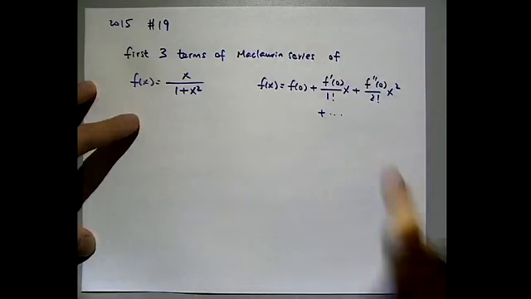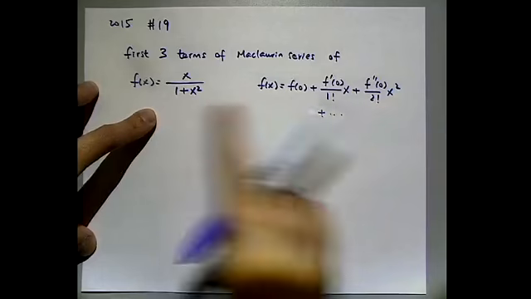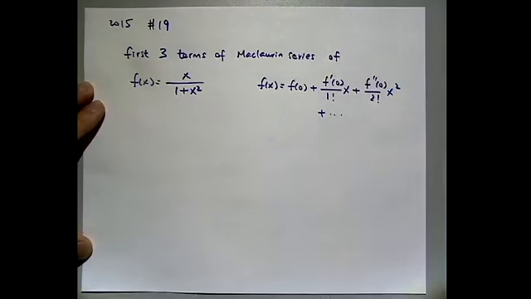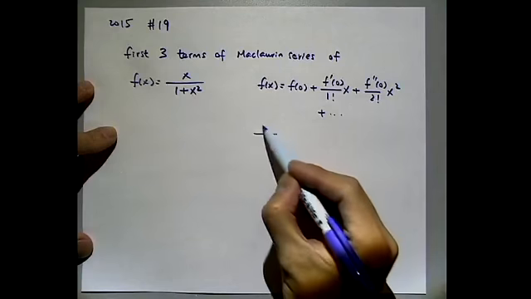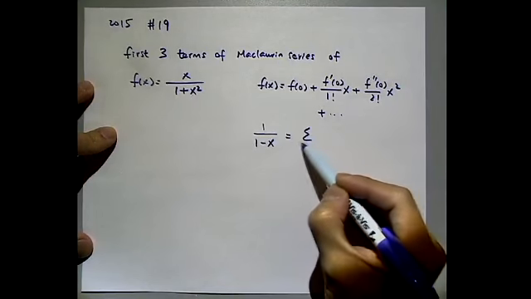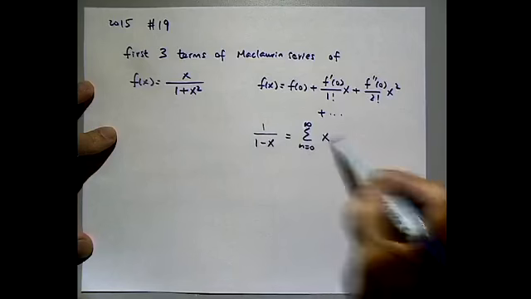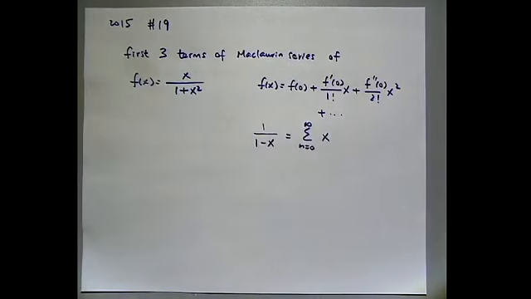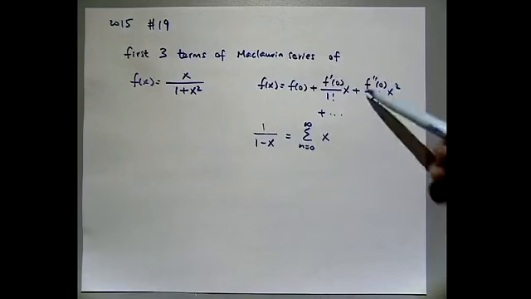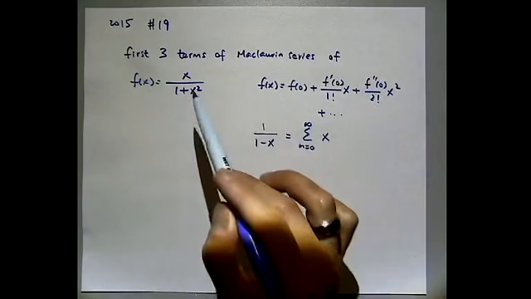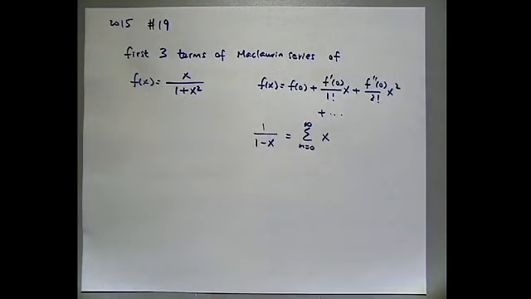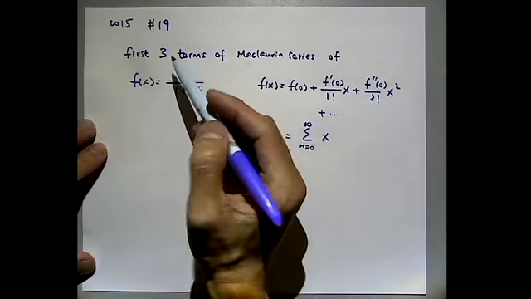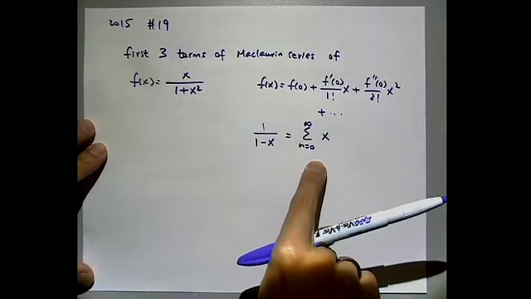Now you've got to make a decision whether you want to differentiate this enough times to form the Maclaurin series, or use an existing Maclaurin series to come up with a new series. For this one, you just want the first 3, so you can differentiate up to the second derivative. That's not too horrible for that expression. Either one is okay for this problem, because we don't want a whole lot of terms. But you can see it's easier to do it this way, right?